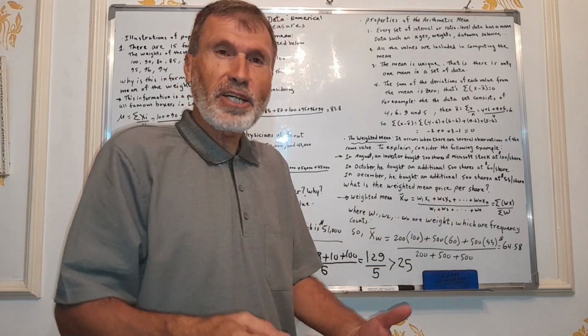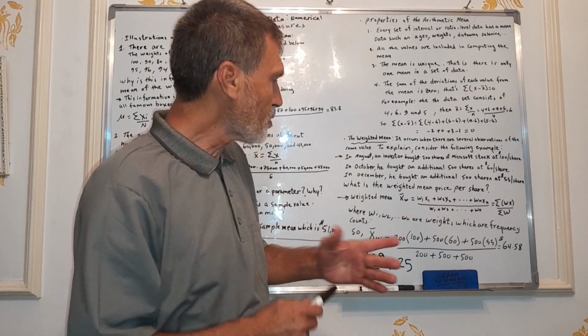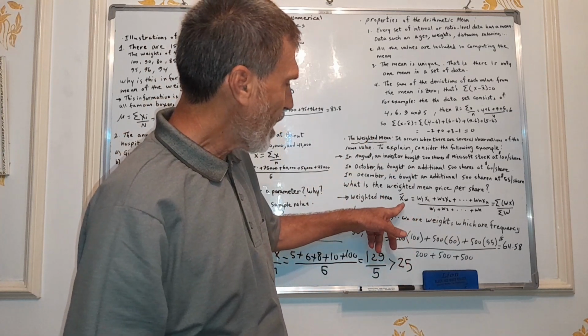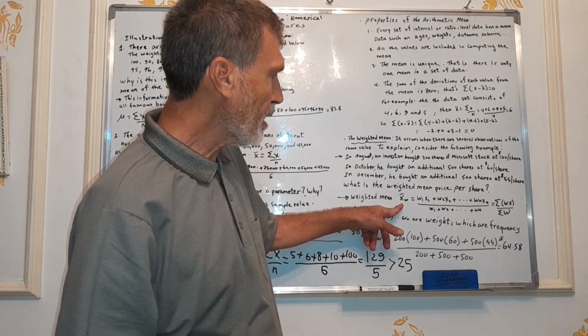So an easier way is to use the weighted mean. This is the formula here, as you see: X bar sub W, where W stands for weights.